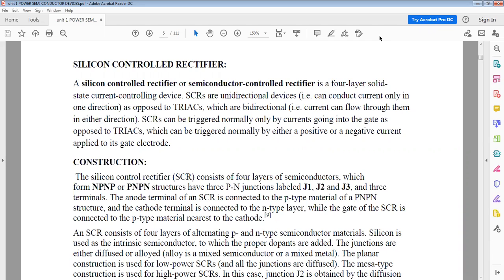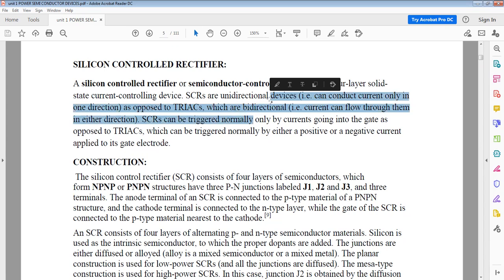SCRs are unidirectional devices, that can conduct current in only one direction. SCR can be controlled by using current. If you want to switch off the SCR, what we have to do is reduce the holding current below the normal value. Then we can switch off the SCR.